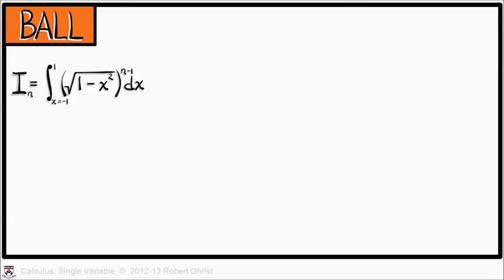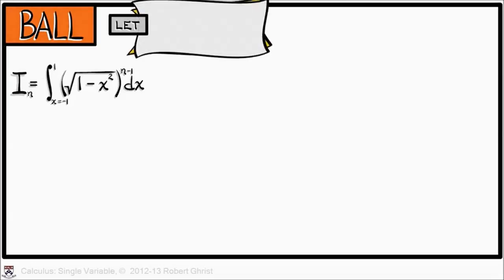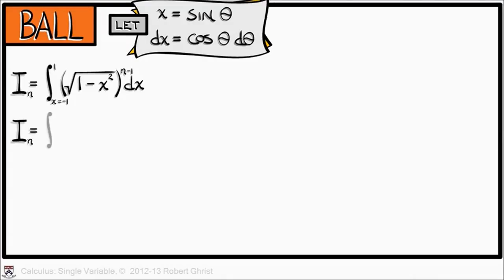This is clearly a prime candidate for trigonometric substitution. And so, if we set x equal to sine theta and dx equal to cosine theta d theta, then I'm sure you see that that square root is going to be cleared away, and we'll obtain the integral of cosine theta to the n-1 times cosine theta d theta.